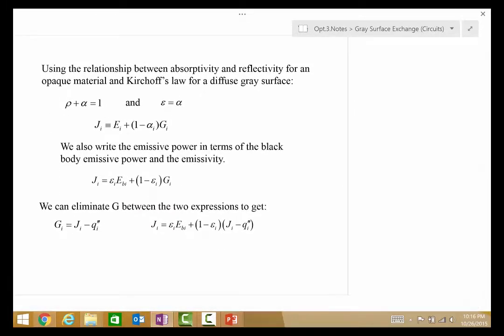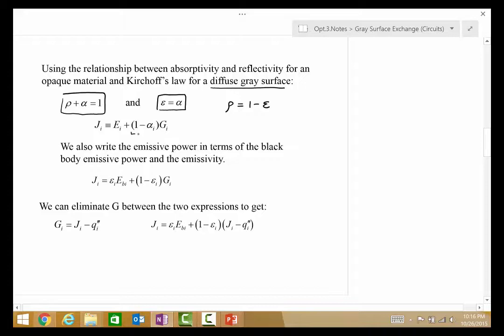Because it is a diffuse gray surface, epsilon is equal to alpha, rho plus alpha is equal to 1, and that means that rho can be thought of as 1 minus epsilon.